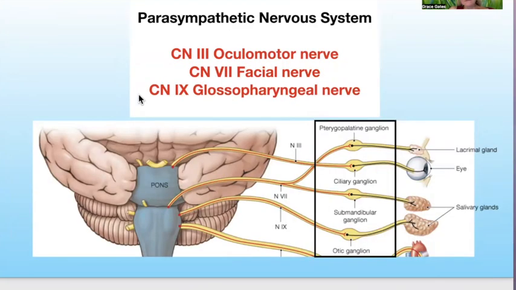So here's a summary slide showing cranial nerve 3, the oculomotor nerve, going to the intraocular muscles of the eye, and then cranial nerve 7, the facial nerve, going to two different ganglia. We don't need to learn the names of the ganglia, but two different ganglia.